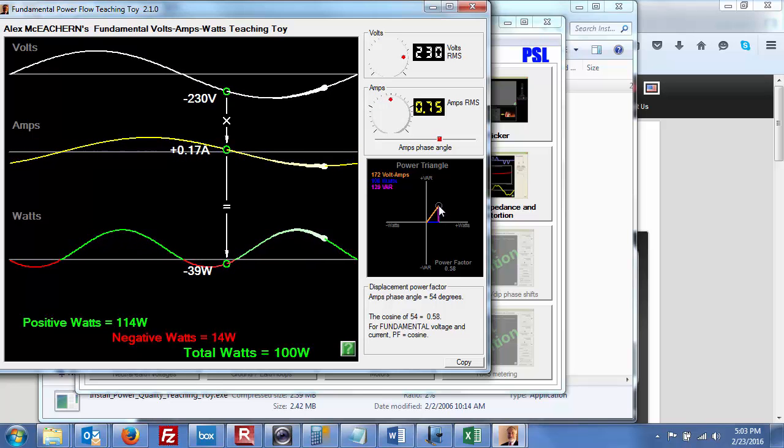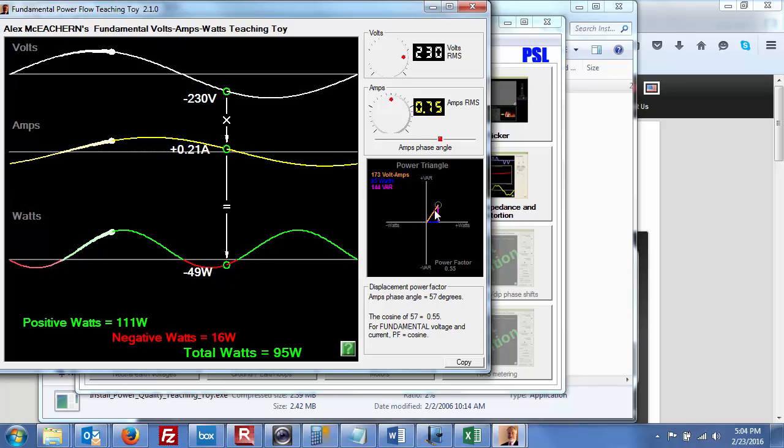Oh, yeah. I see now. This is pretty good. So there's actually a time where you're making negative watts. Instead of consuming watts, you're actually pushing them back out onto the grid. I see this now. This is actually kind of cool. Okay, interesting.